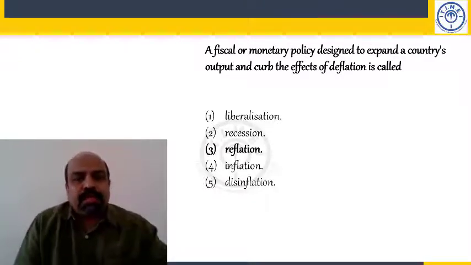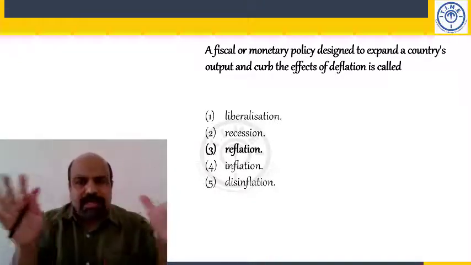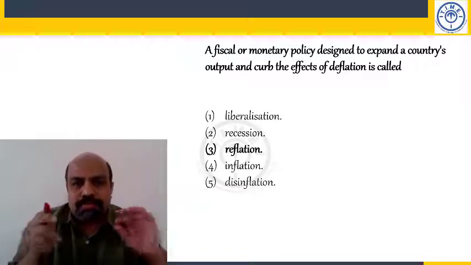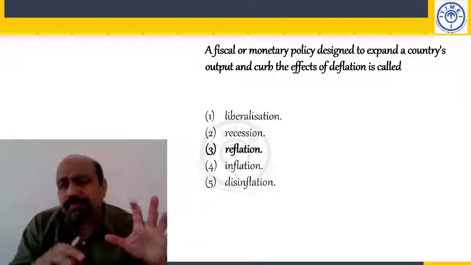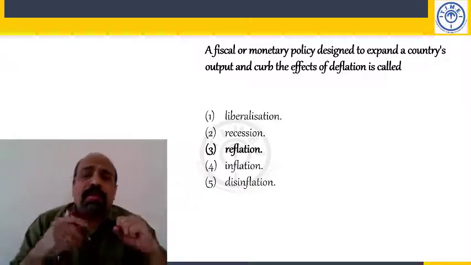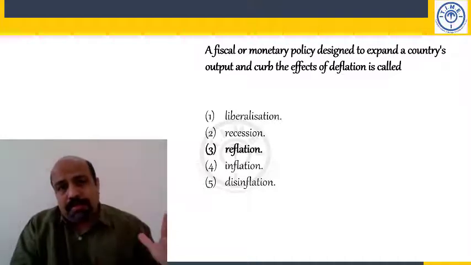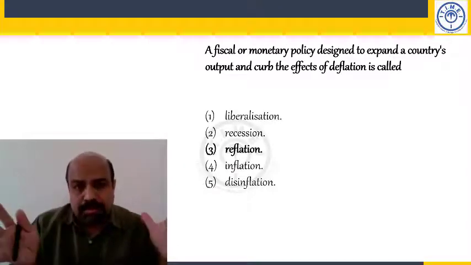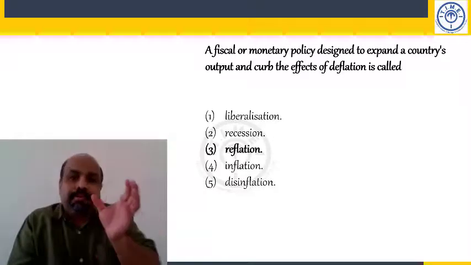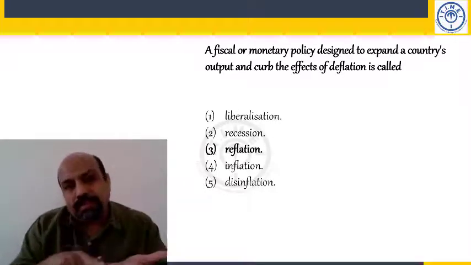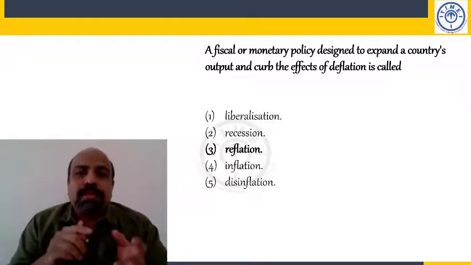Exactly 1 year back, a basket of commodities which the government takes as a standard would have cost 100 rupees, let's say end of June or first week of July. The government took a basket of commodities and looked at the price. Last year, the price of that basket was 100 rupees. And today, the price of the basket is 105 rupees.